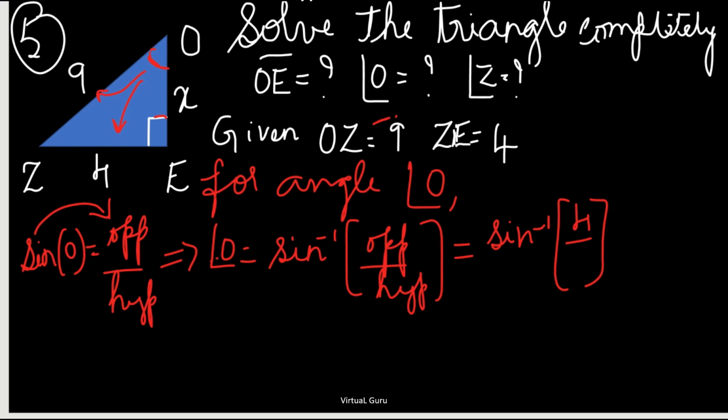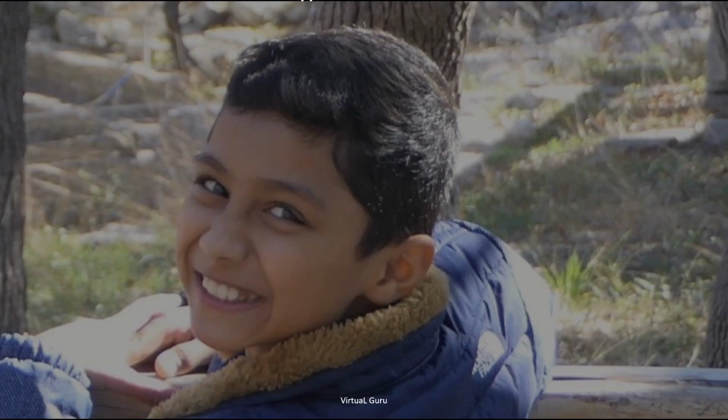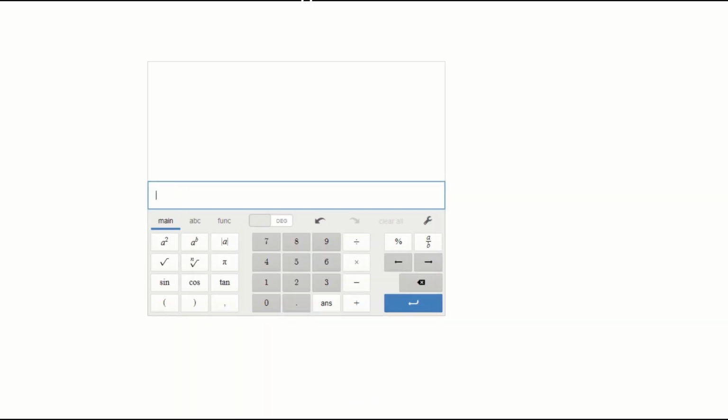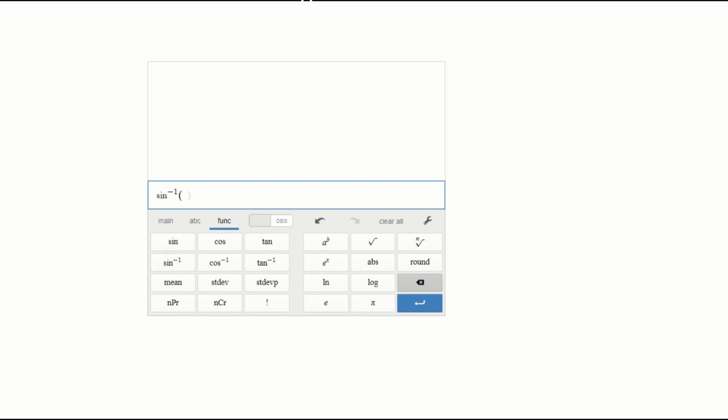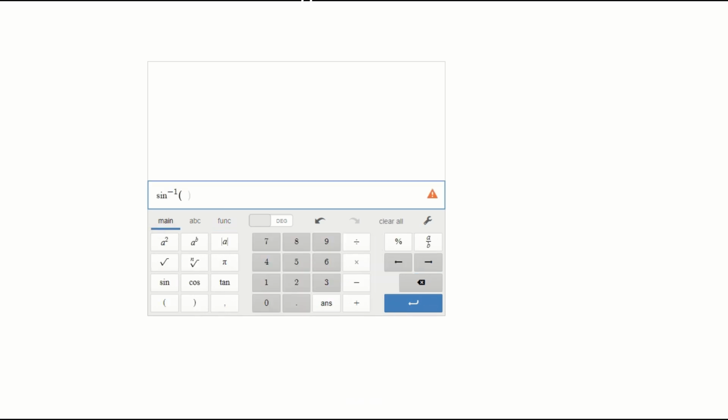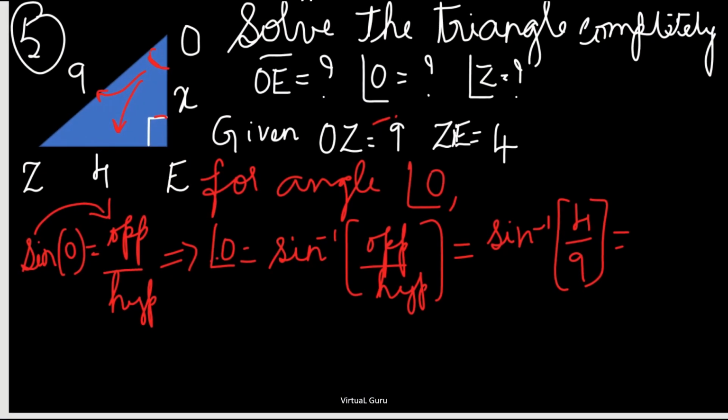Okay, 4 by 9. Go to calculator, sine inverse of 4 divided by 9. That is 26.39. Just round it off to 100th place, and this will be our angle O.